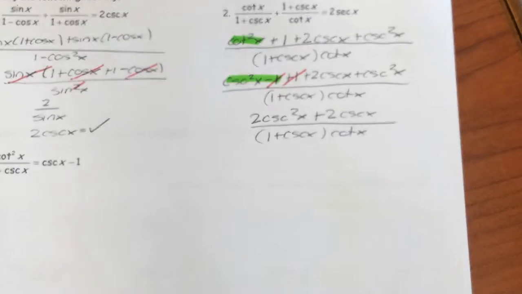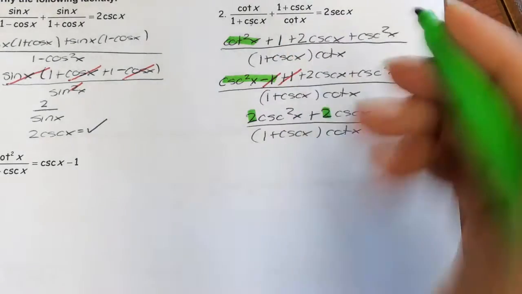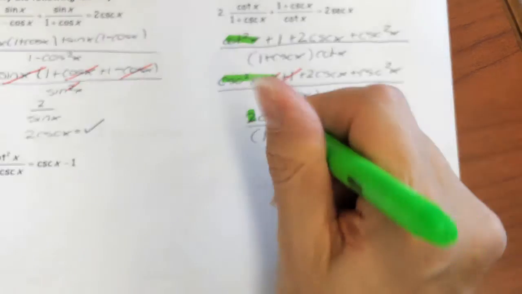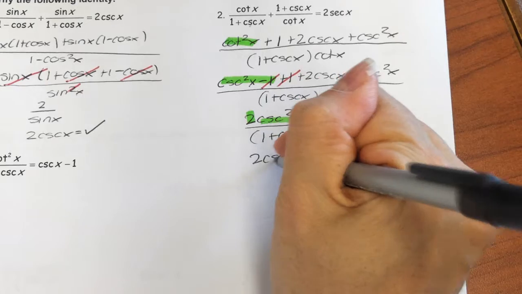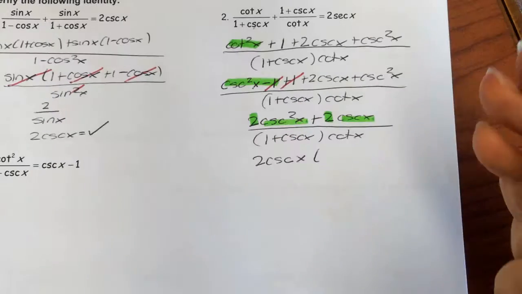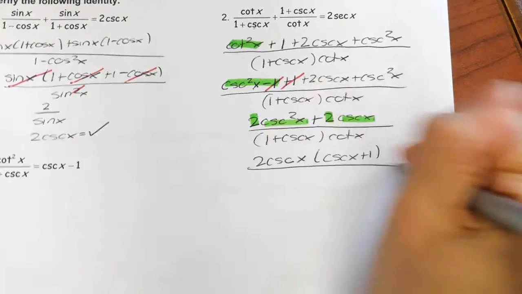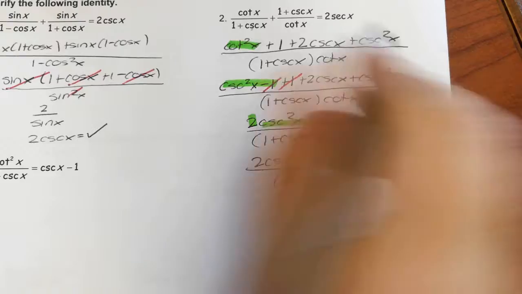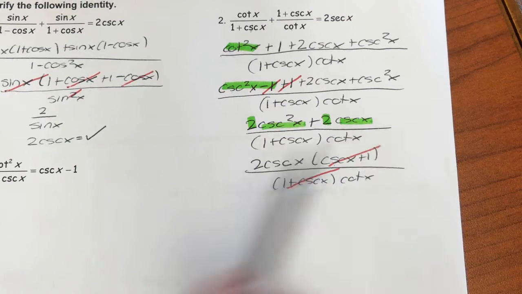I can see that both terms on top have a 2 in common, and they also have a cosecant. So my greatest common factor is 2 cosecant x, which leaves me with cosecant x plus 1. On the bottom, I still have 1 plus cosecant x, cotangent x. These two can cancel. Addition is commutative. Order doesn't matter. So those are gone.